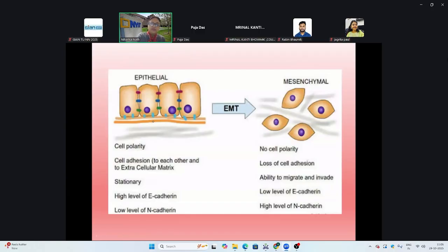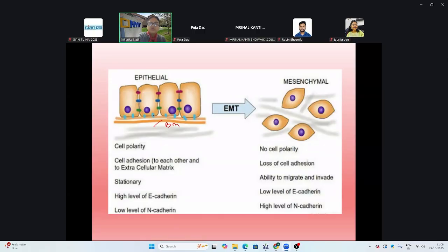So this is your basement membrane. Here is your basement membrane. All the cells, you see those little blue dots here? Those blue dots are adhesion molecules. They're like little staplers. They're holding the cells in place to the basement membrane. And do you see these other staplers? These are junctions, and they're like little staplers. They staple the cells next to each other.